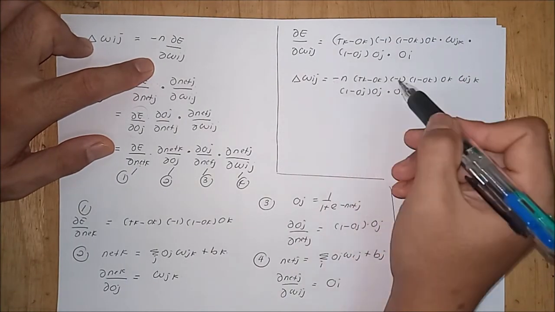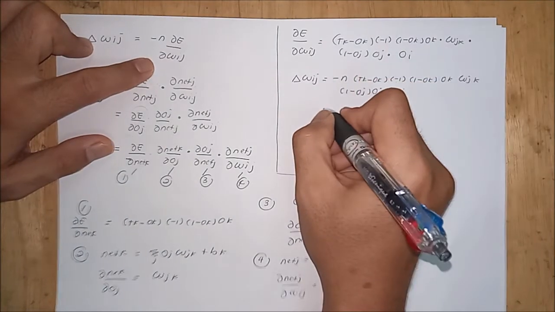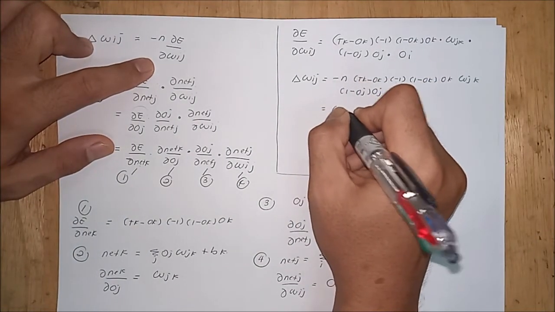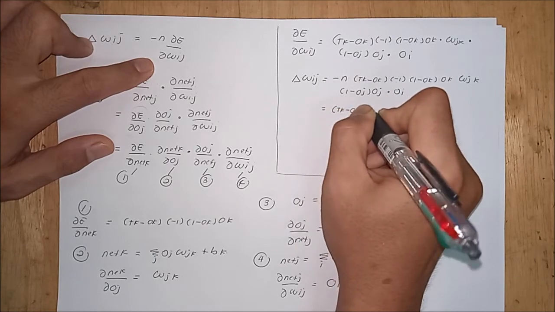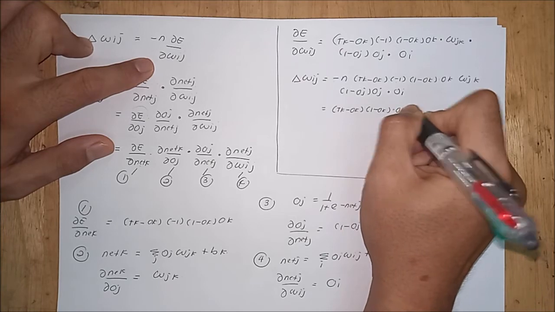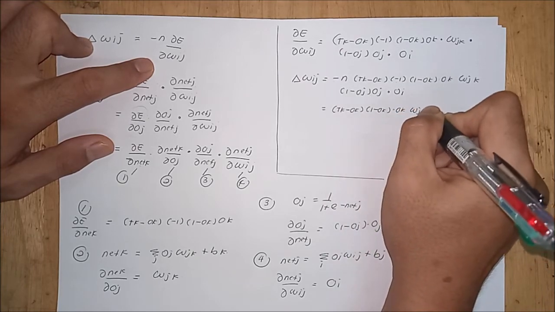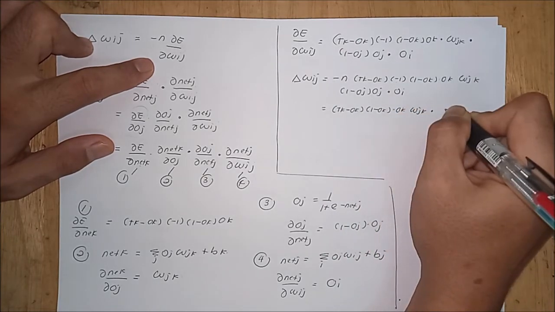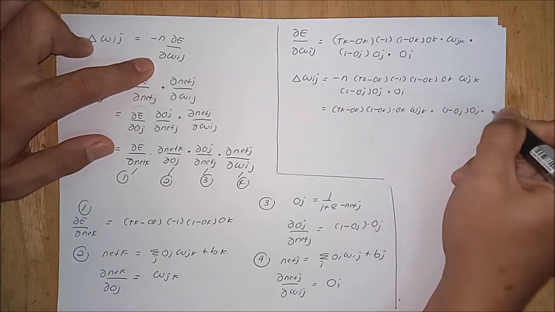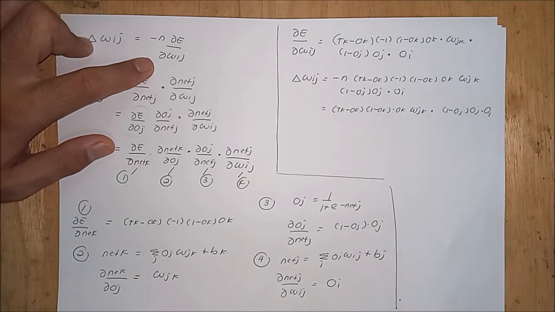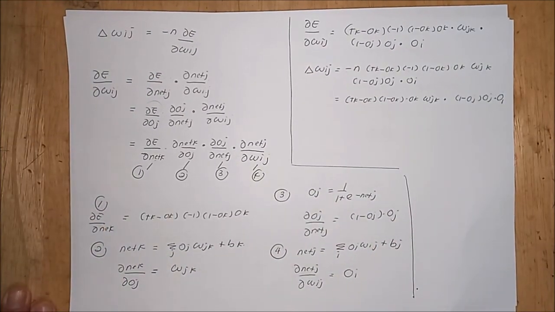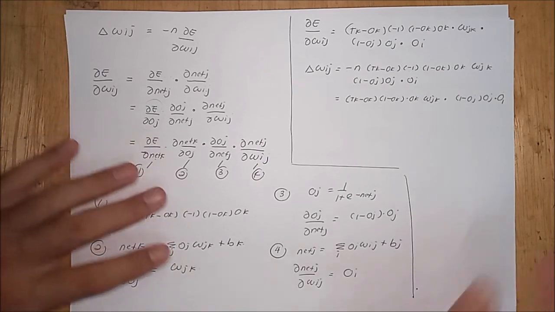Since this is negative and then this is negative, it will become positive. So our final equation will be tk minus ok, 1 minus ok, wjk, times 1 minus oj, oi. So this is the whole part of the equation.